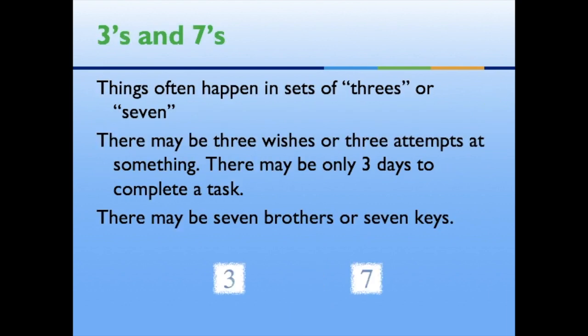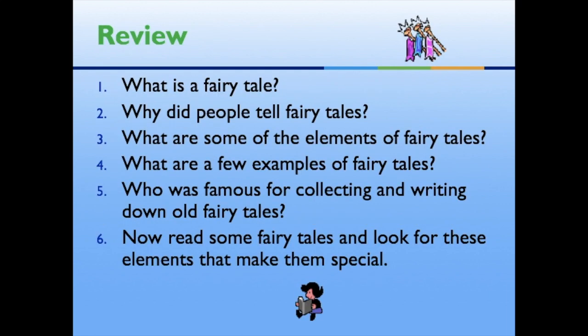Often there are 3 of something or 7 of something. There may only be 3 days to complete a task. Think of the 7 dwarves. Just common numbers that are used in fairy tales. So, I just went over the elements, and you want to be able to identify them in stories.